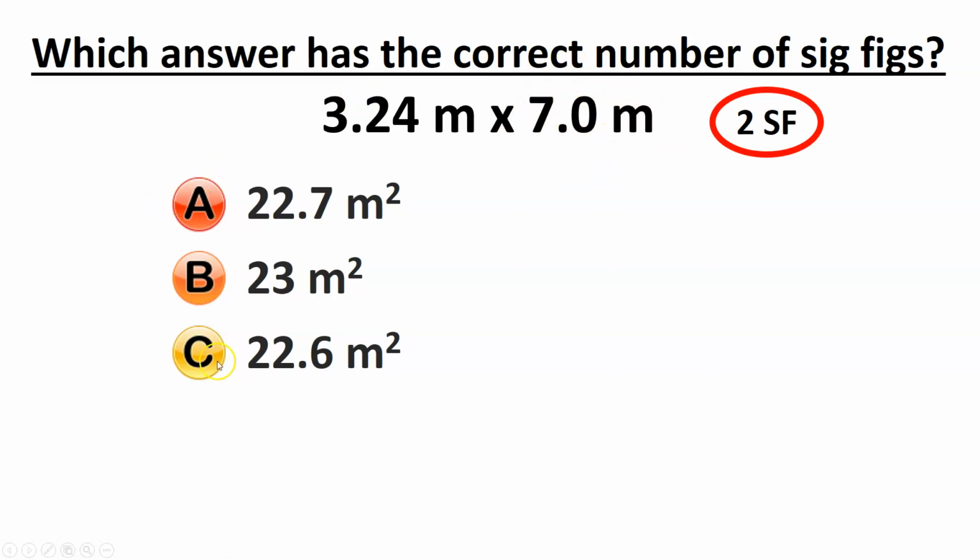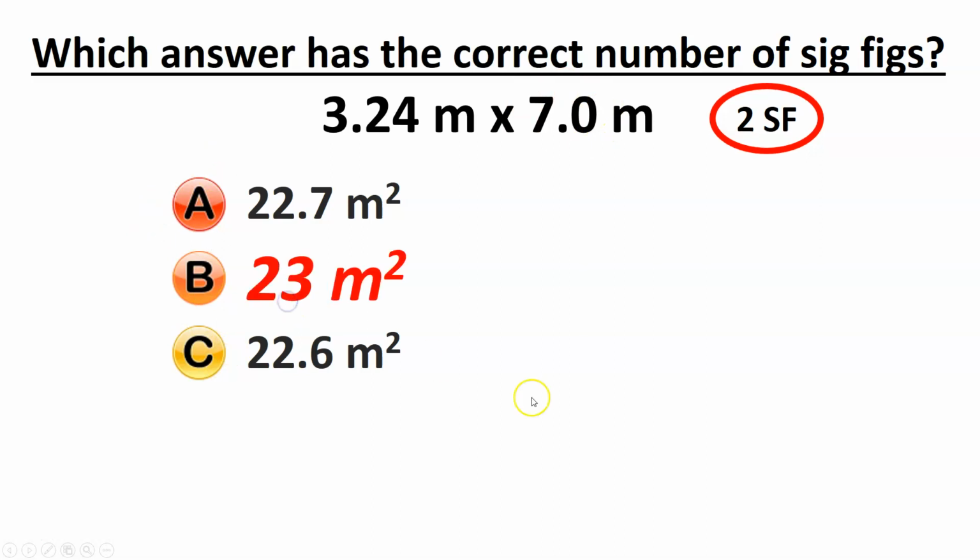So I know instantly that my answer has to be B because it's the only one there that has 2 sig figs. I don't know my number well enough to know if it's 22.7 or 22.6. I have too much uncertainty for that. I have to guess that my number is about 23. So I'm basically having to account for any unknown in my answer.